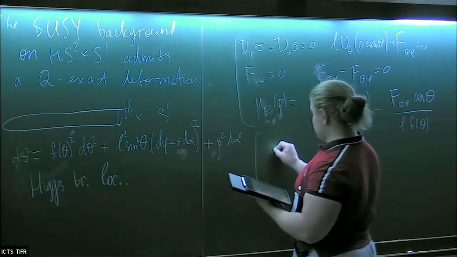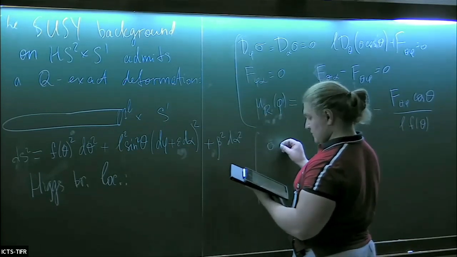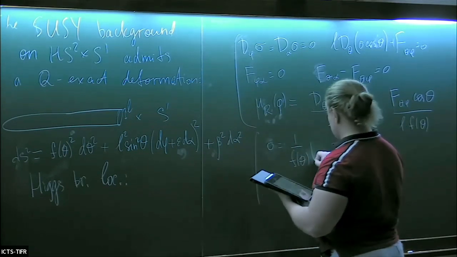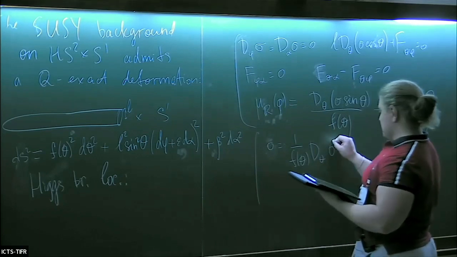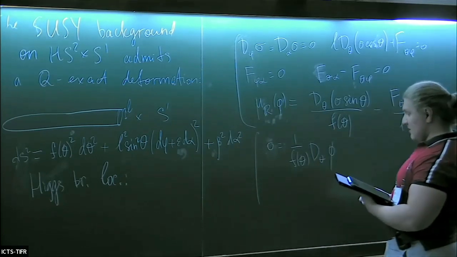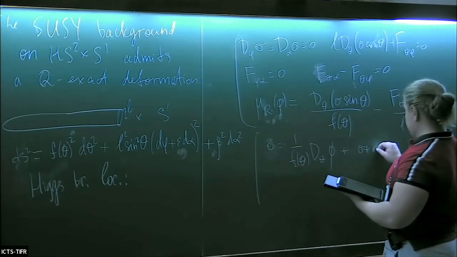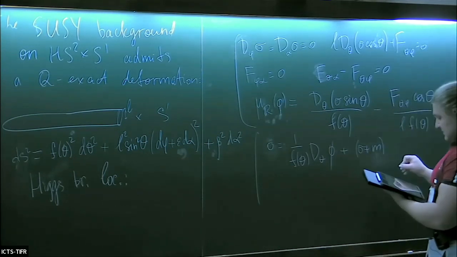In particular, there's one, so here phi is the complex scalar in the chiral multiplets, and m are real masses.